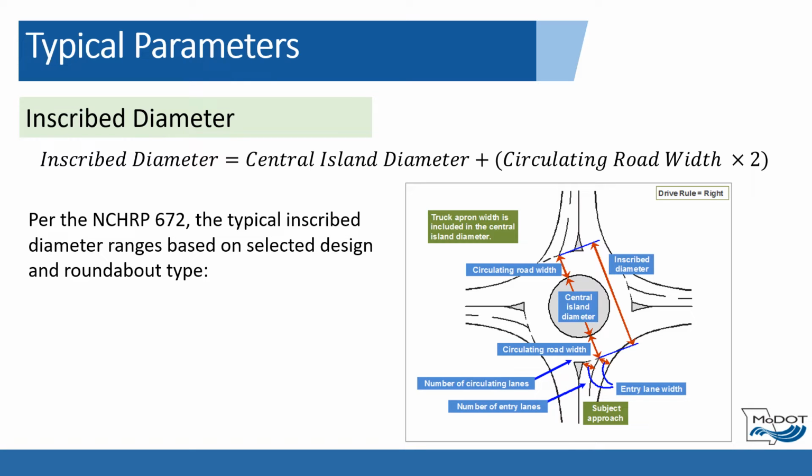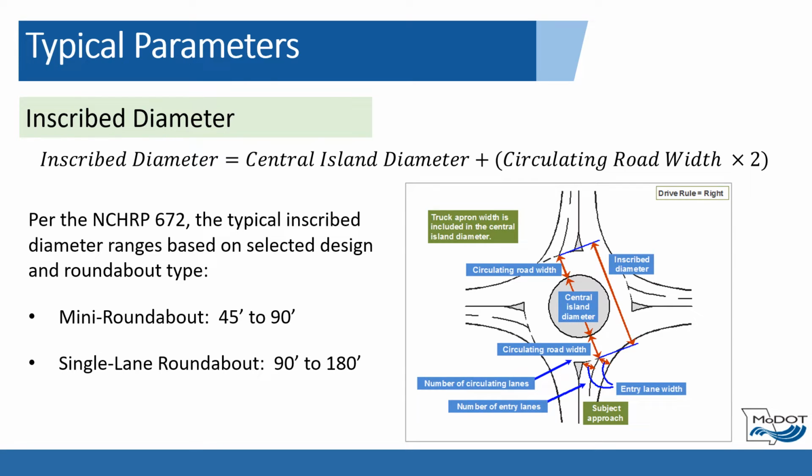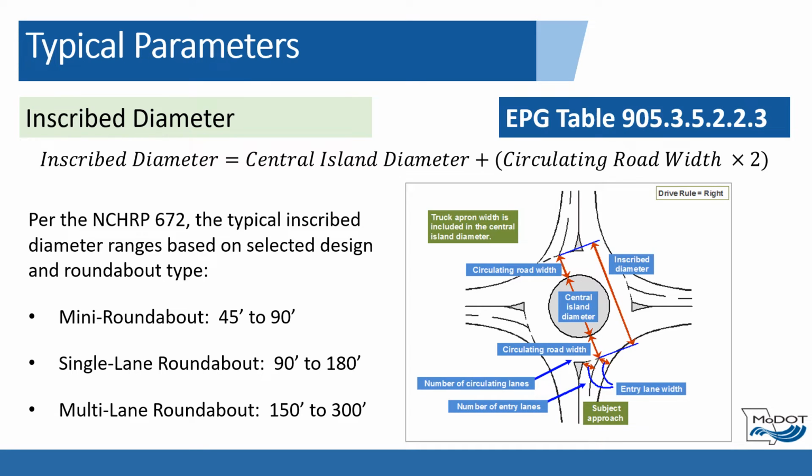Per the NCHRP 672, the typical ranges include 45 to 90 feet for a mini roundabout, 90 to 180 feet for a single-lane roundabout, and 150 to 300 for a multi-lane roundabout. More information can be found in Table 905.3.5.2.2.3 of the MoDOT EPG.